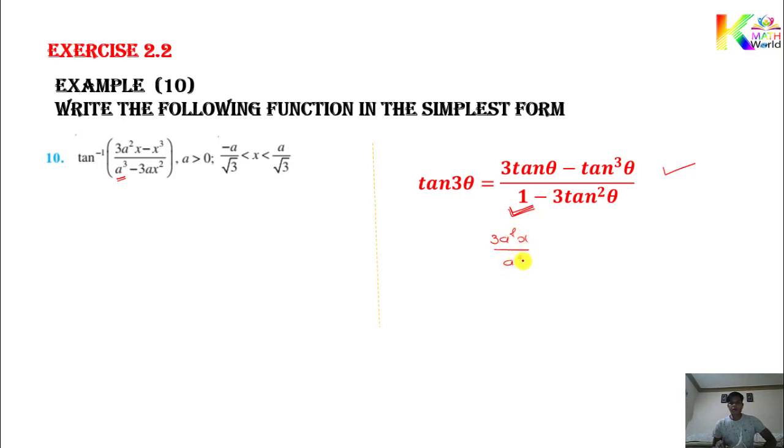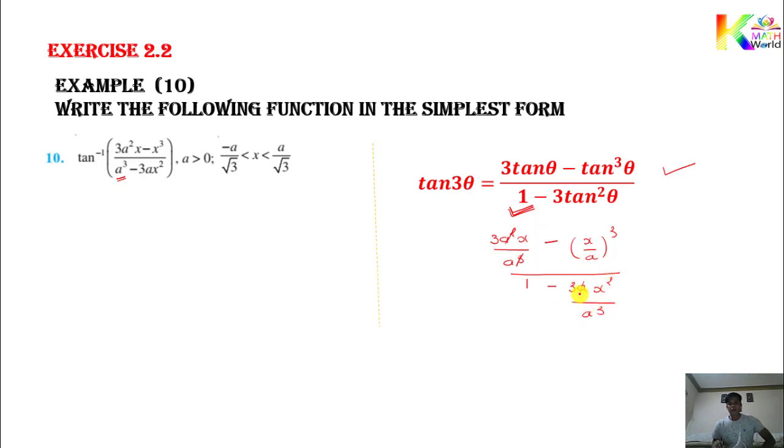What do you get? A square cancels, so you got only a left in the denominator. You are dividing by a cube, it means you got x by a whole cube over, the same way a cube by a cube, that is 1, minus 3a x square by a cube.